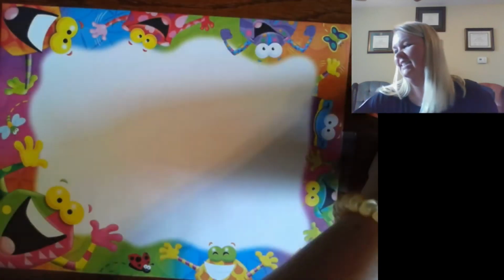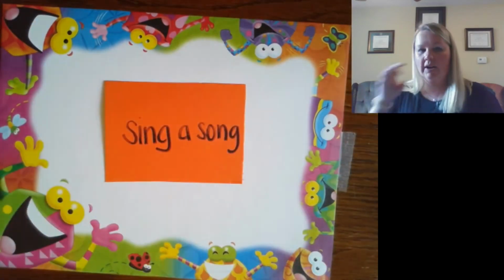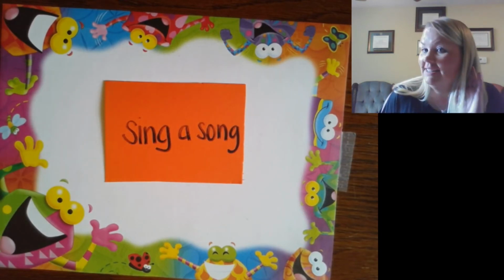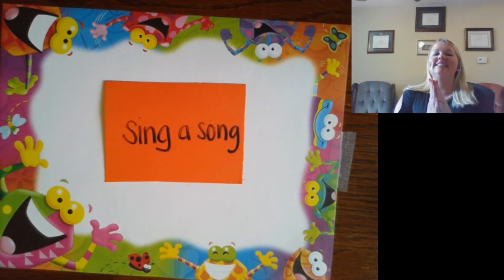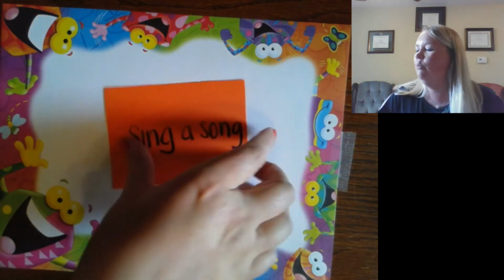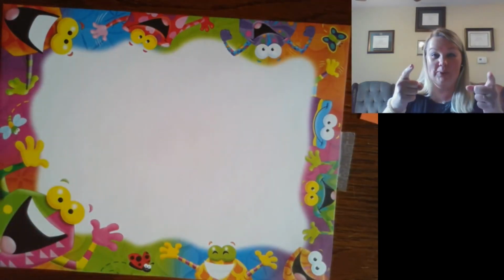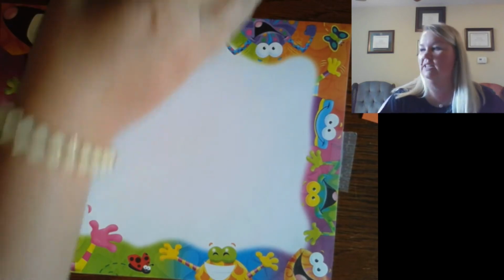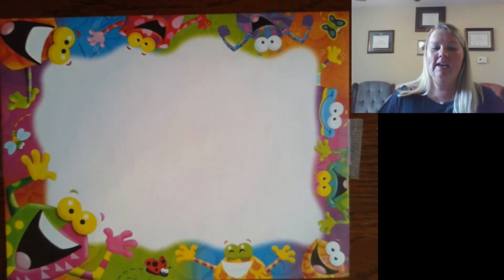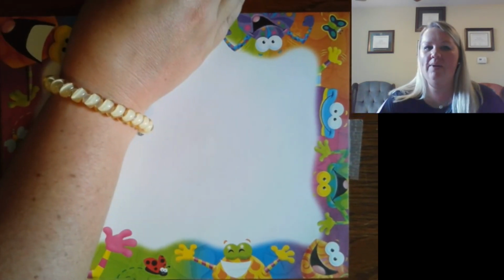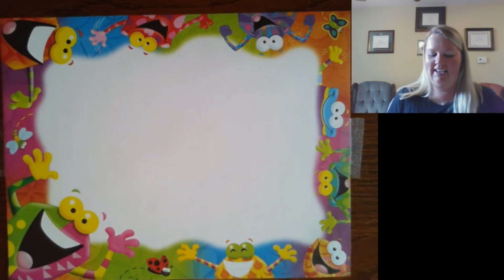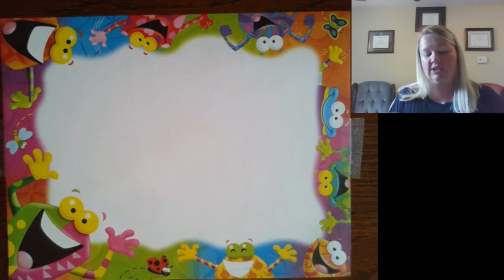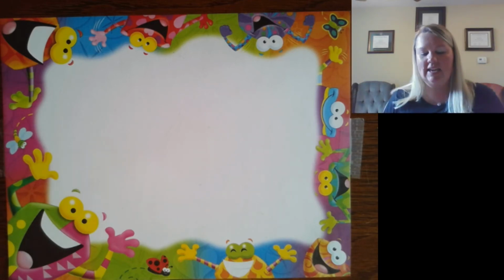Lift a fist. So we're going to do what? Sing a song. All right, so I want to hear you sing a song, Tennessee. If you have a song, go ahead and belt it out. Stand up. Use your rock and roll air guitar, your drums. Sing it, sing it, sing it.